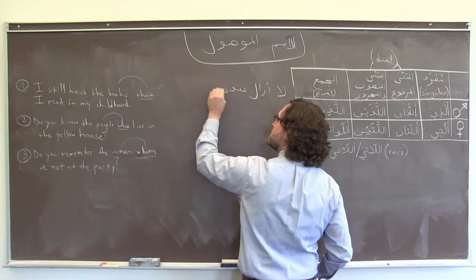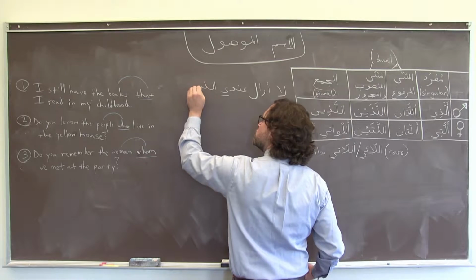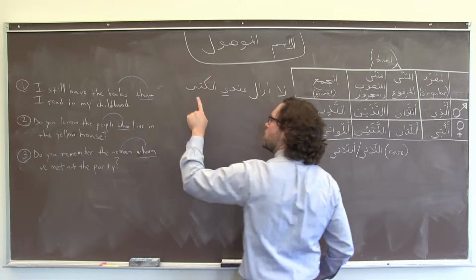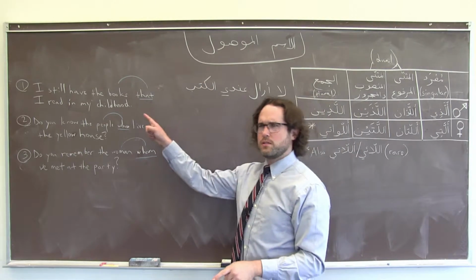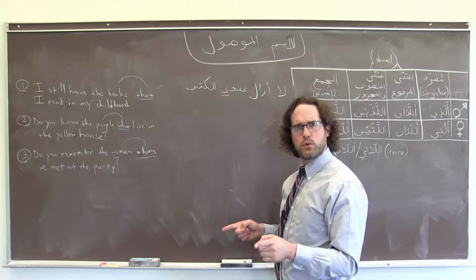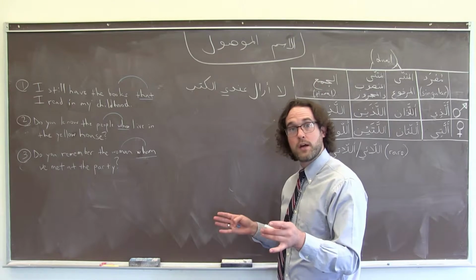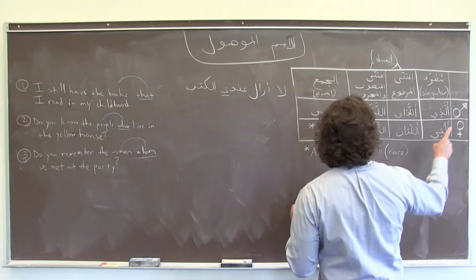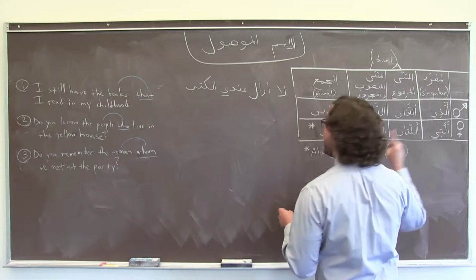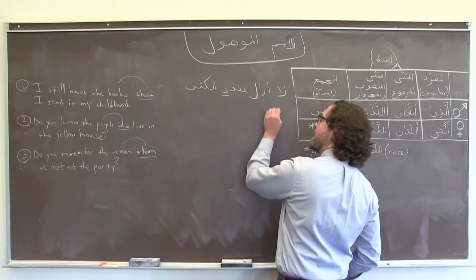ما أزال عندي الكتب. Okay. Books, kutub, non-human plural, which means I'm going to use feminine singular, as I always do when I'm talking about non-human plurals. So, feminine singular, التي. الكتب التي.